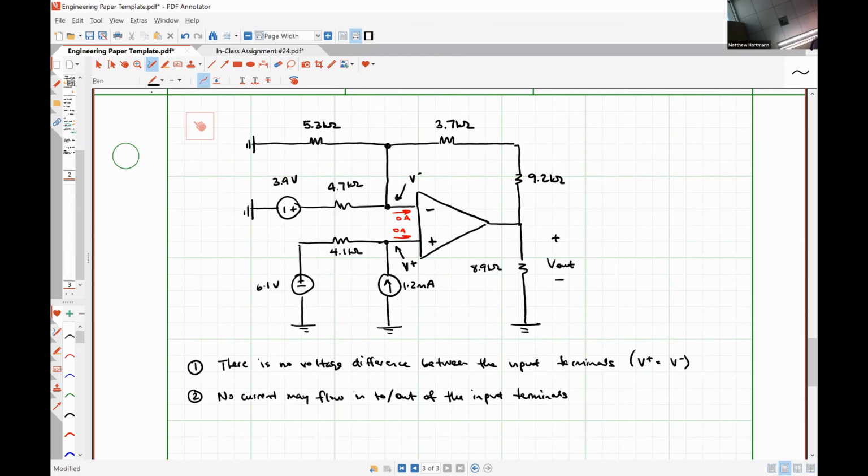So if we do KCL, we know that there is 1.2 milliamps flowing up into this node, which means that we know that there is 1.2 milliamps flowing to the left through the 4.1 kilo ohm resistor. How does that help us find the voltage V+?